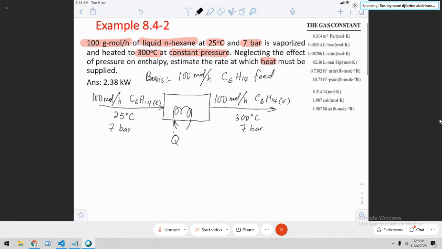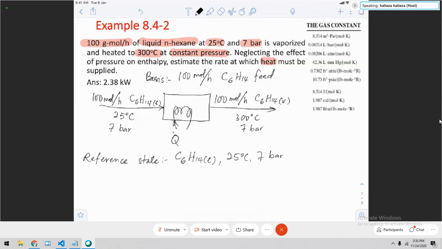What is your reference state? 25 degrees C, 7 bar. Okay, please write down your component. Liquid hexane. You can write the whole thing, or what you can do is give the symbol for hexane, liquid, and 25 degrees C and 7 bar. You can write it as that. Okay. Next.